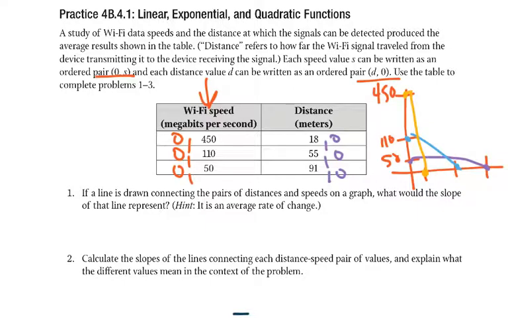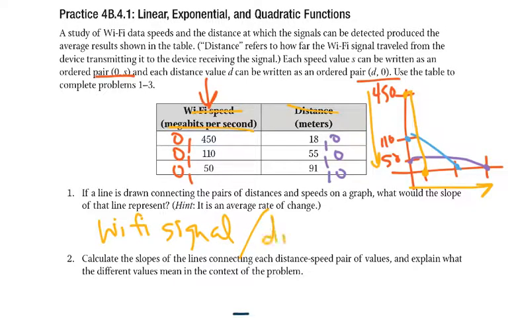We'd be going down on speed as we go up on distance. So we'd be connecting the Wi-Fi signal, which is in megabits per second, to distance, which would be per meter. So it would be Wi-Fi speed in megabits per second per meter.